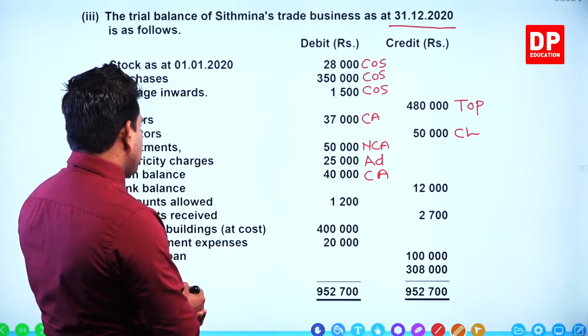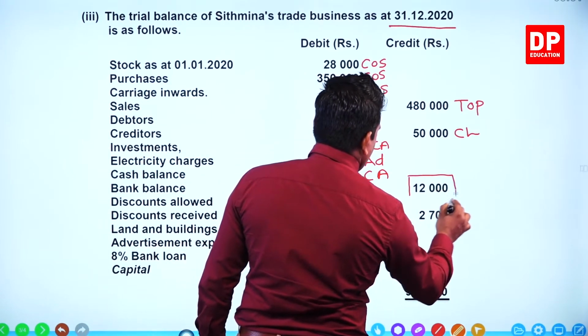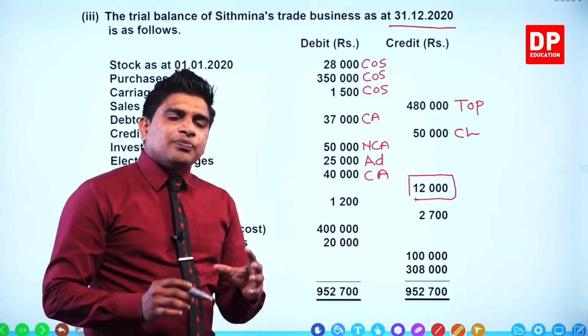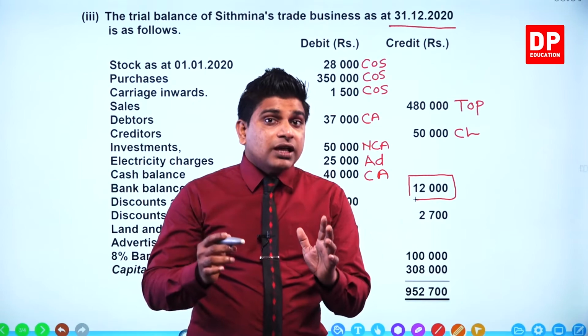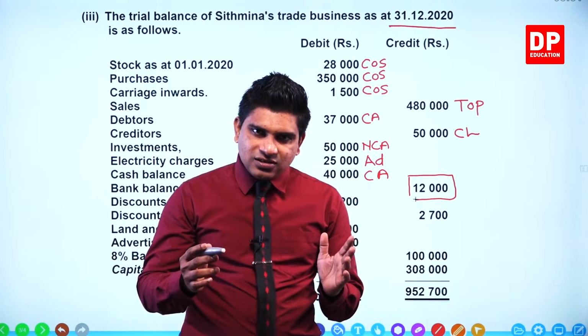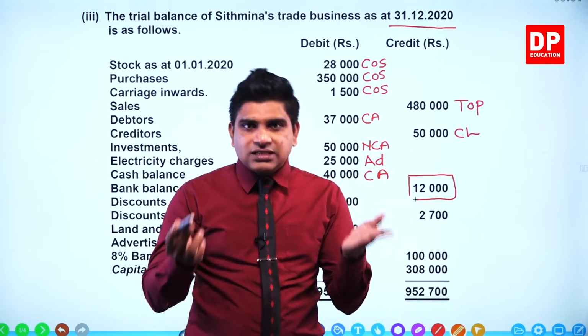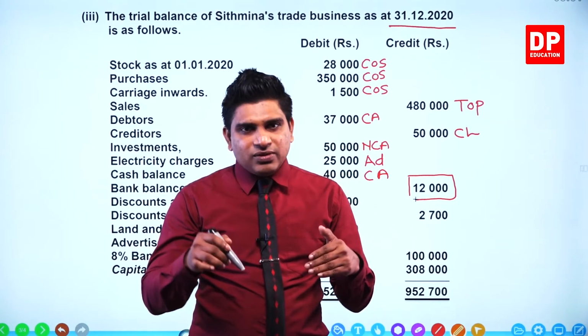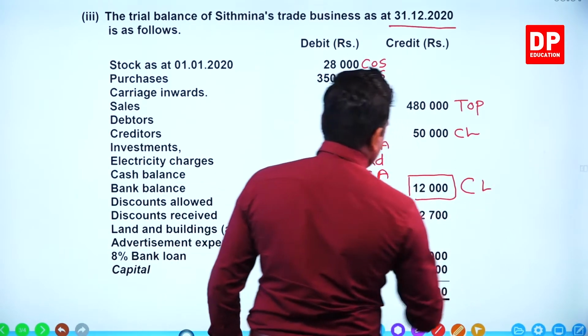Cash balance 40,000, bank balance you can see where? Credit side, right? Why does bank balance appear on the credit side? Actually, it's a bank overdraft. Is bank overdraft an asset or a liability? It's a current liability, right?